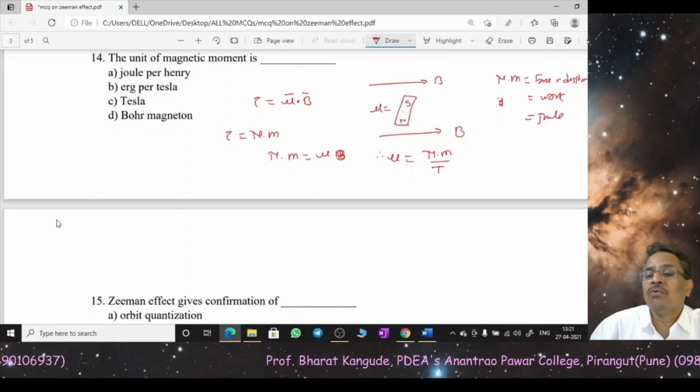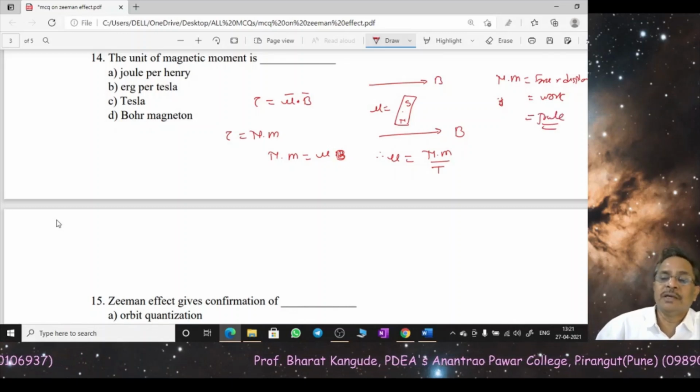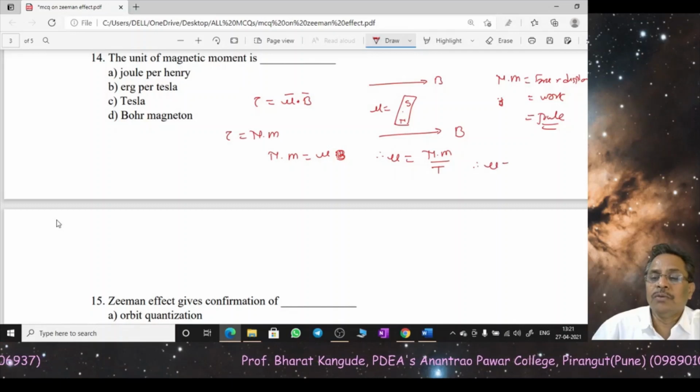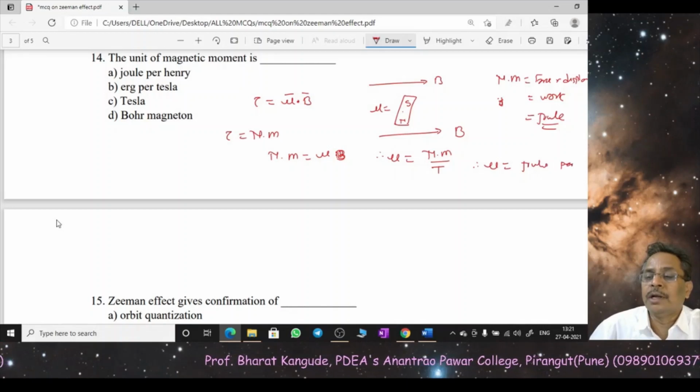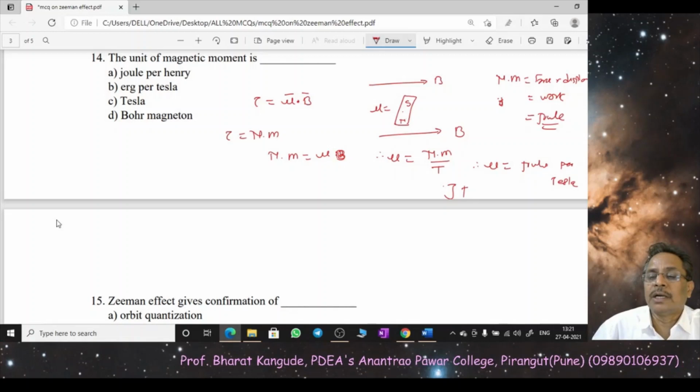So the unit for work is joule, and therefore the unit for mu becomes newton meter per Tesla, that can be expressed as joules per Tesla. So joules per Tesla is the unit for the magnetic moment.